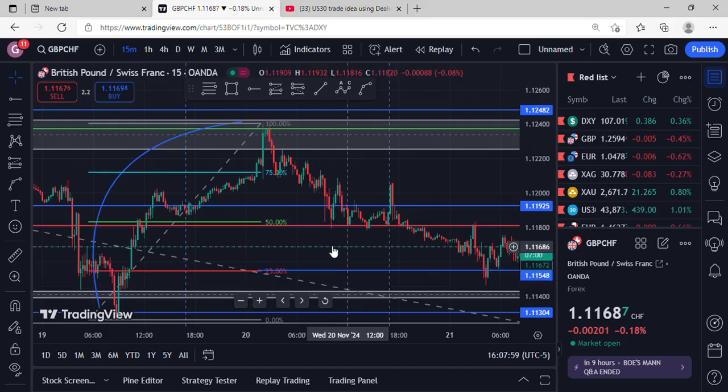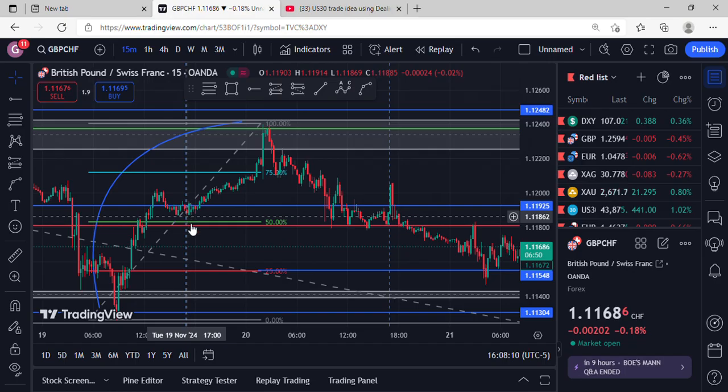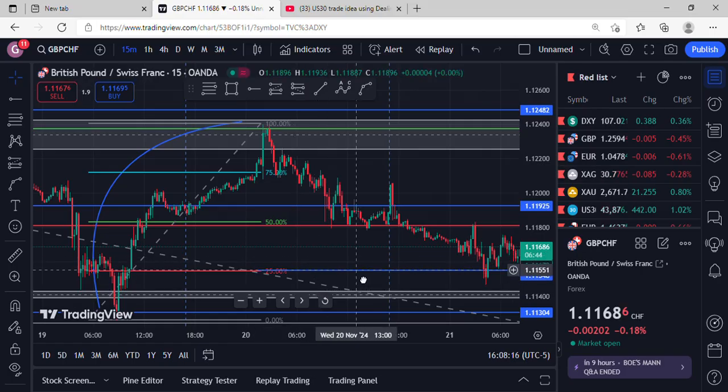So right into the 25 DRT level. And so if we are taking a trade from here, I'll stop here, that would have been a safe stop, and then targeted this level, the 50%, this swing low, or the 25%. That would have been a very, very good trade.